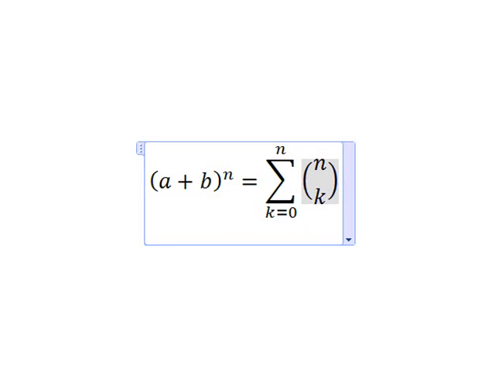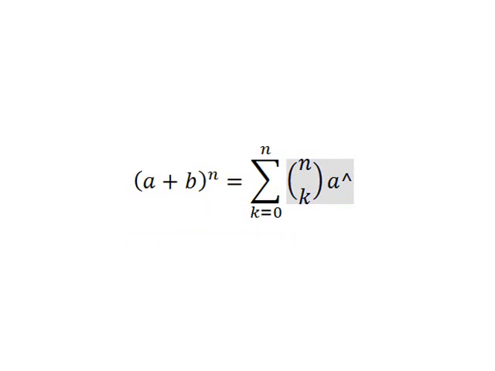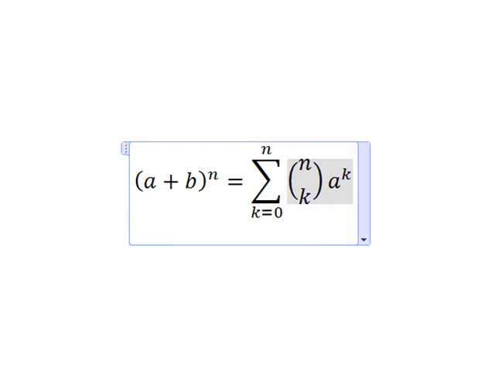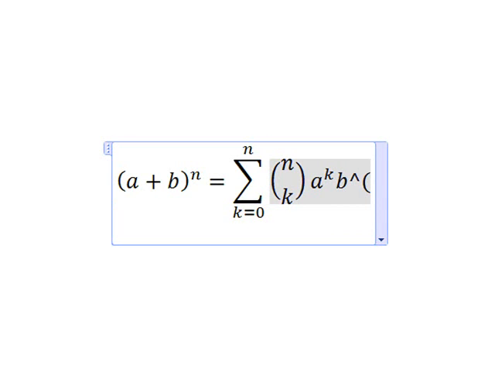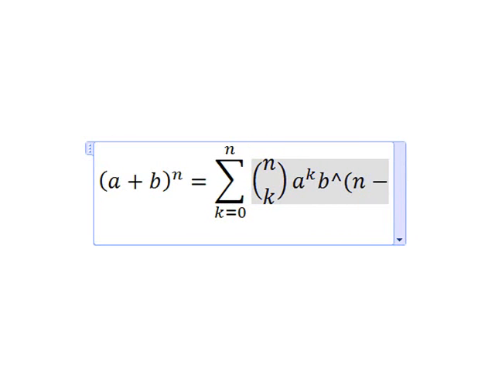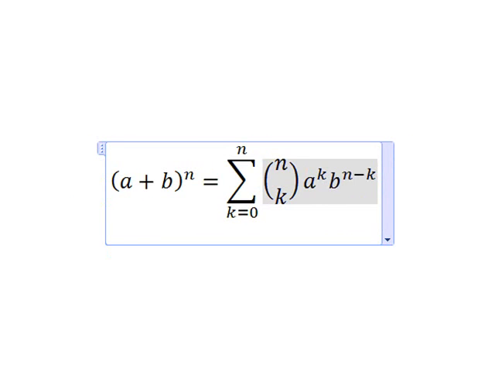Now the next element is going to be a raised to the kth power. I hit a space to build that up. And b is slightly more complicated because it's going to be b raised to the n minus k. To do that, I put parens around the n minus k to tell the superscript operation that the whole thing should be up there. When I hit a space, all of that goes up there.